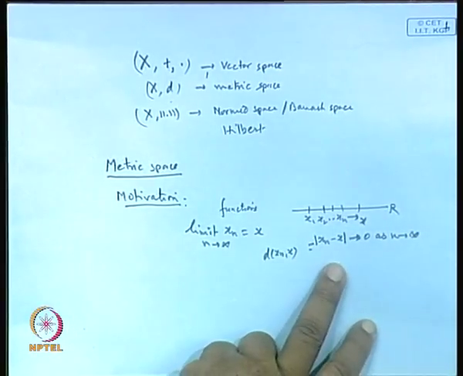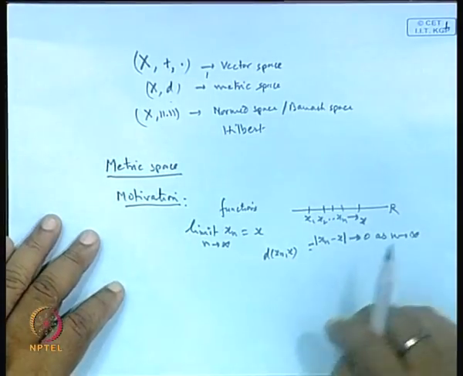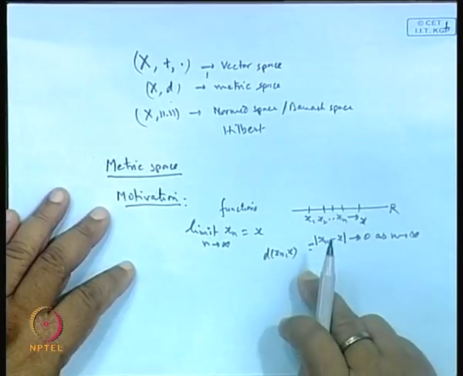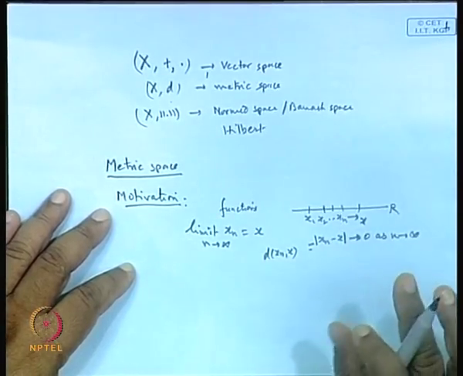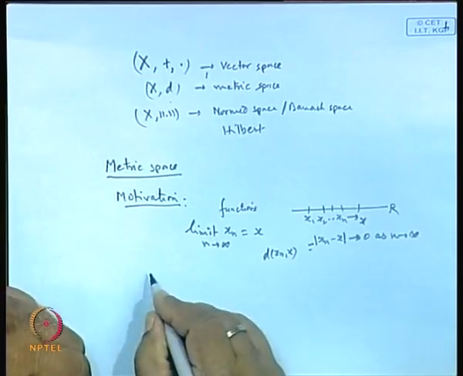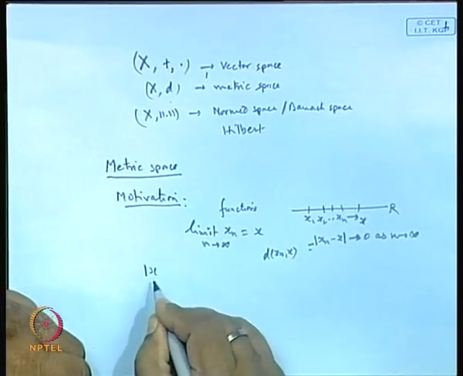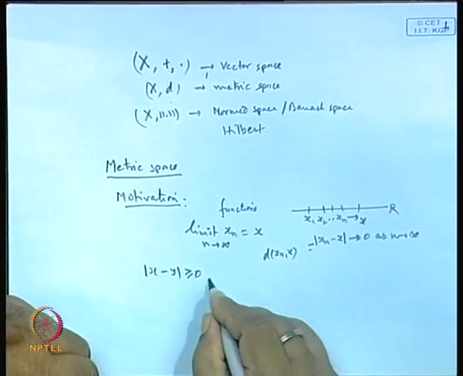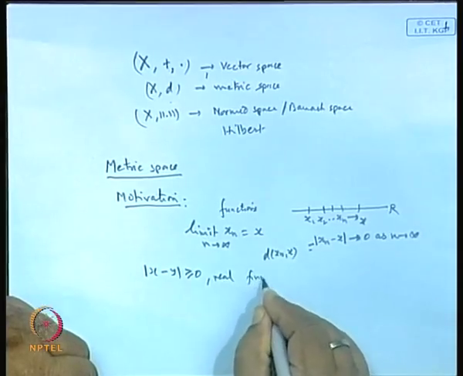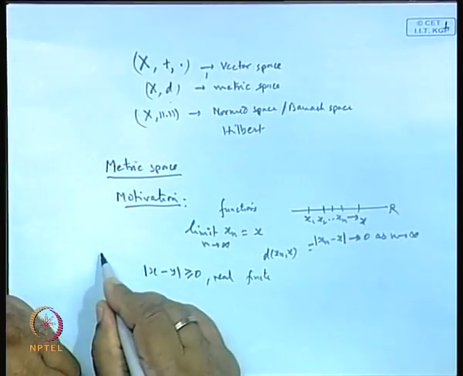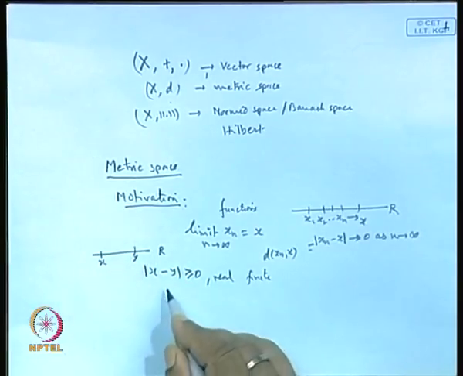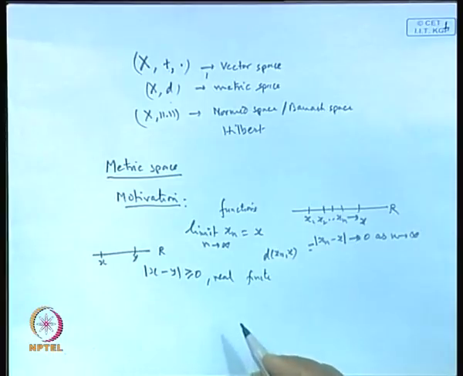Now, this particular distance function, which is defined over the real line, satisfies certain conditions. It is always greater than or equal to 0. It cannot be negative. It is a real and finite quantity. So, if we take two points x and y on the real line, then mod of x minus y will always be greater than or equal to 0.